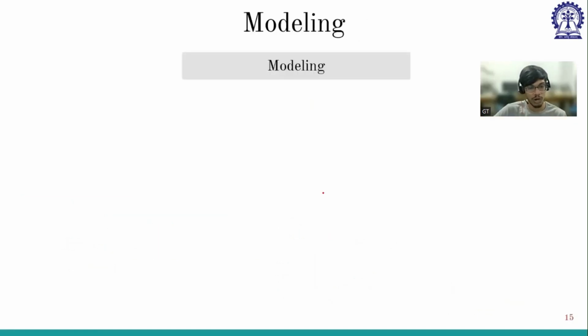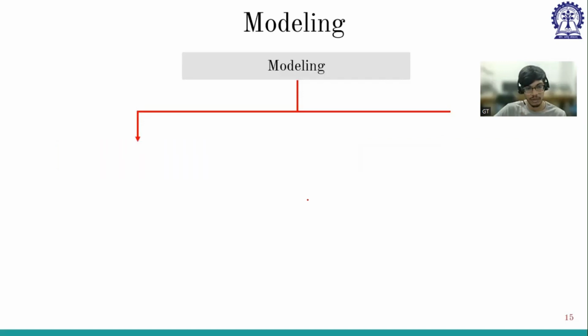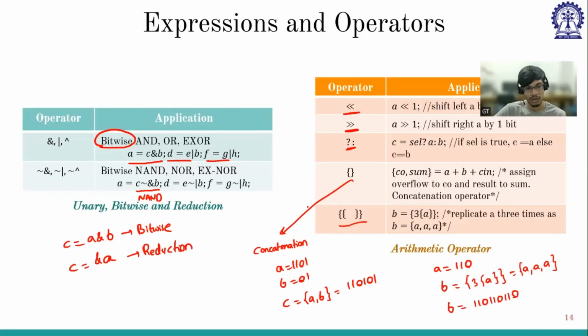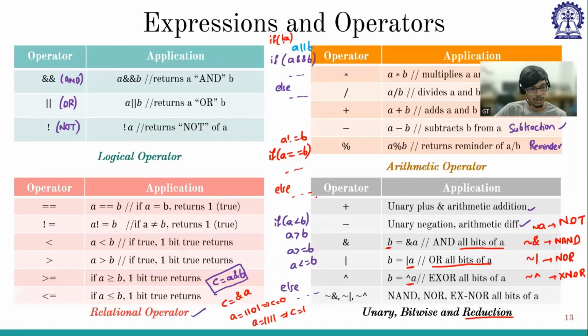And coming to modeling, there are 2 types of modeling. Sir, in the lecture there is an expression A triple equal to B. So what did Sir say about that?